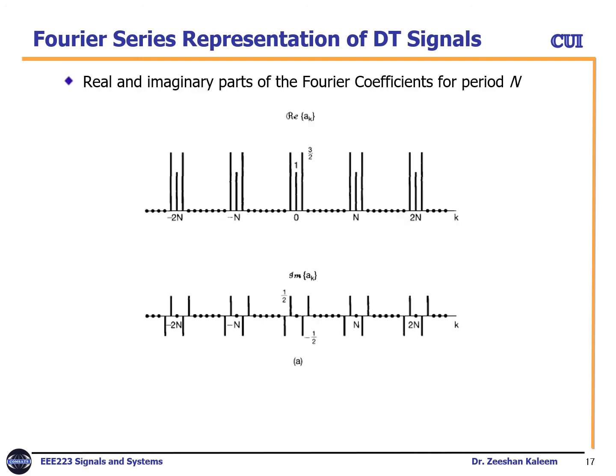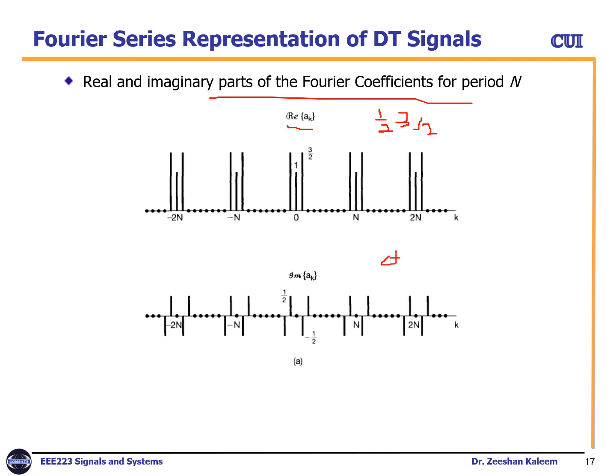Now, the real and imaginary parts of the Fourier coefficients for period N. If you have ak, as in the previous slides, the terms with no j, for example half, 3 by 2, are called real terms, whereas imaginary terms are the terms which have a j.